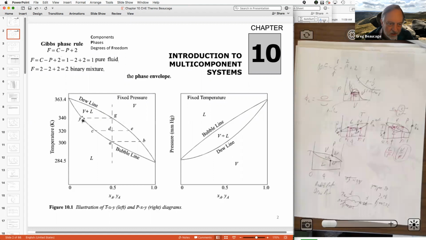And at that point, the liquid composition, which doesn't exist, is way over here. It's depleted in A, so it's mostly B. So the compositions of both streams change with the temperature. Both sides, the liquid and the vapor, in equilibrium, the compositions change as you change the temperature.